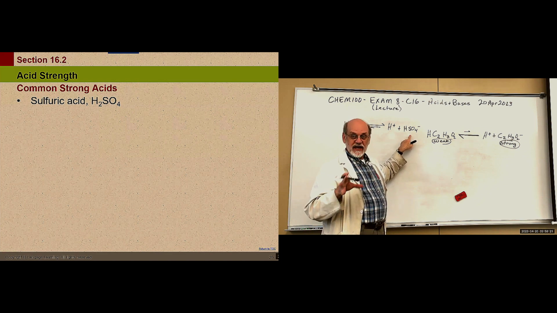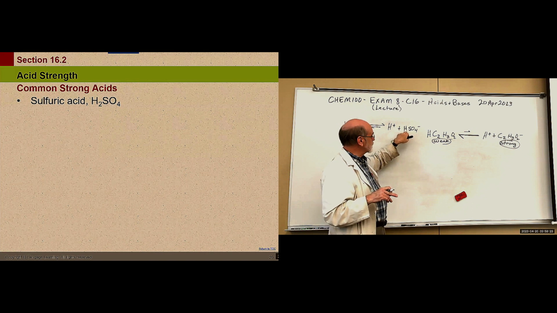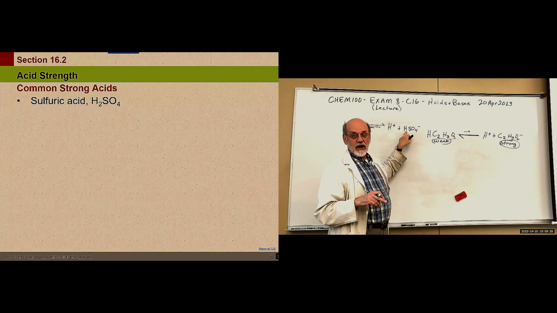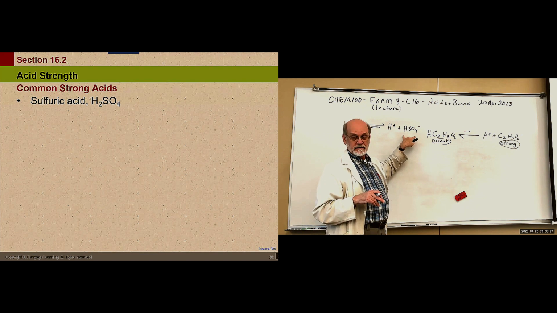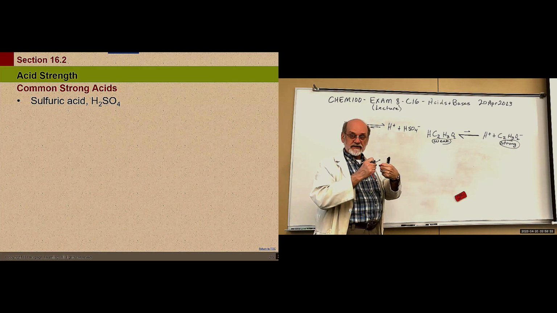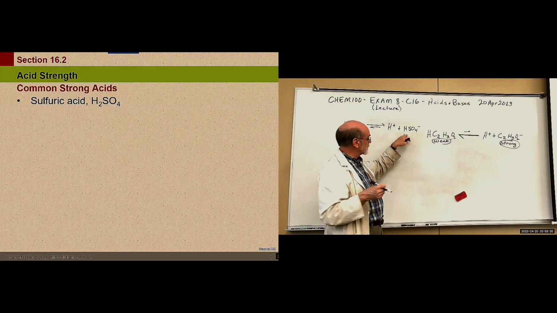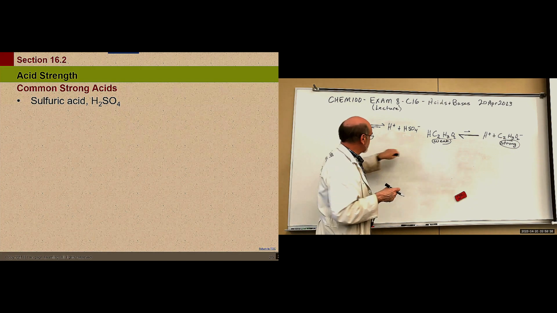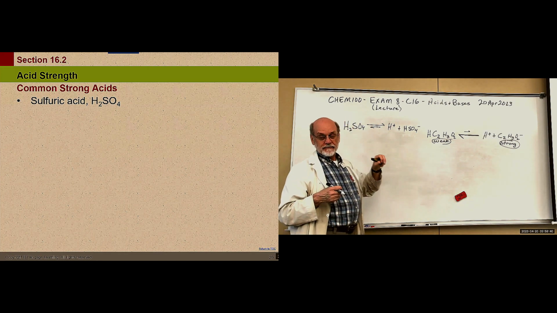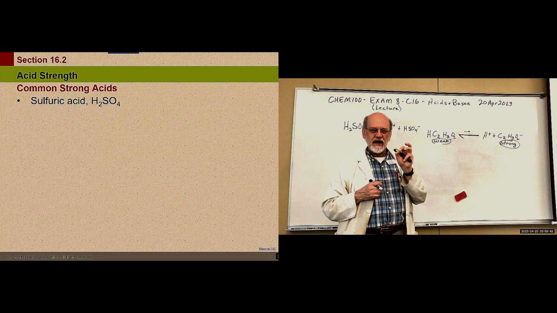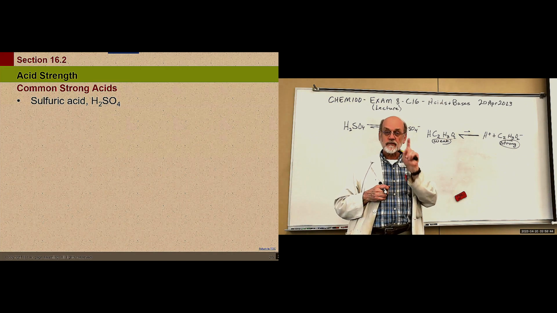The way to rationalize that is you're trying to separate a proton from an already negative ion, and it's more difficult. There's an attraction between the negative and the positive, so it's more difficult to remove that second one. This one is a weak acid, that one's a strong acid. So the strength character of sulfuric acid comes from its first proton.